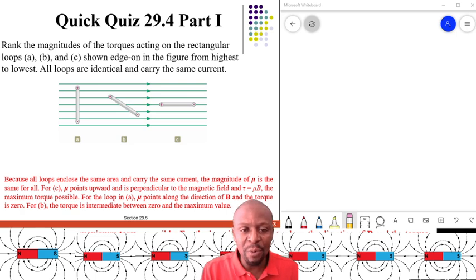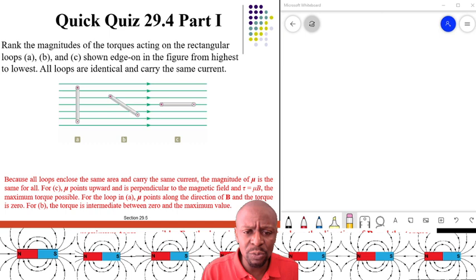But now mu points upwards for C, because of that vector area. Therefore, it is perpendicular to the magnetic field. If they are perpendicular to the magnetic field, the torque is just given by mu B. This is the maximum torque possible.